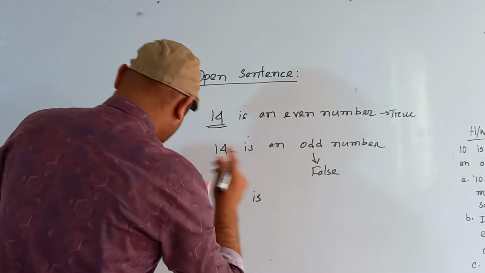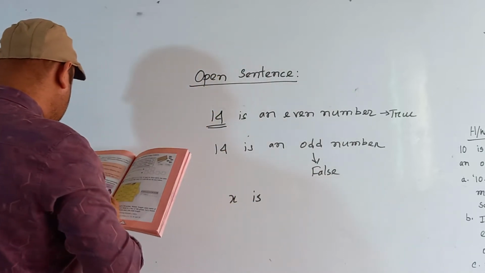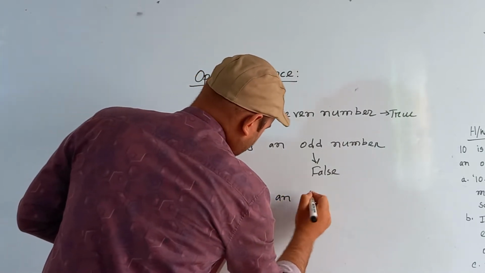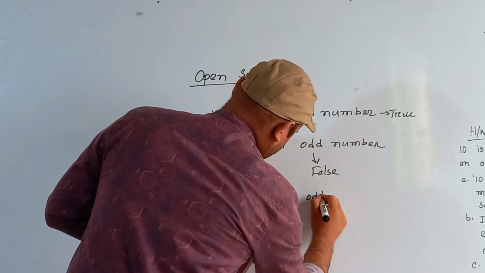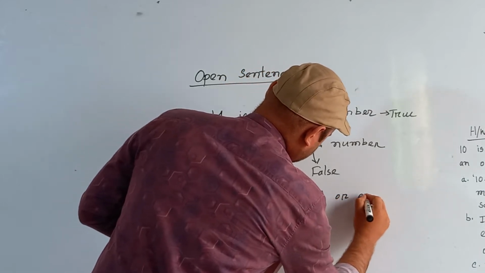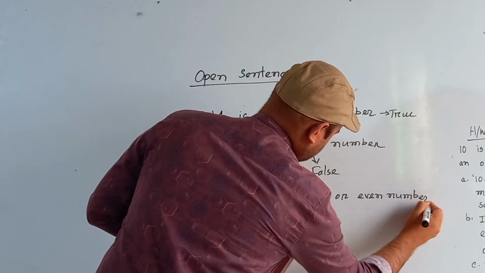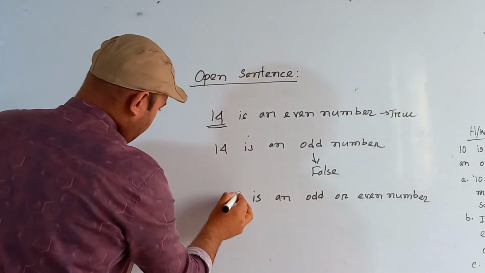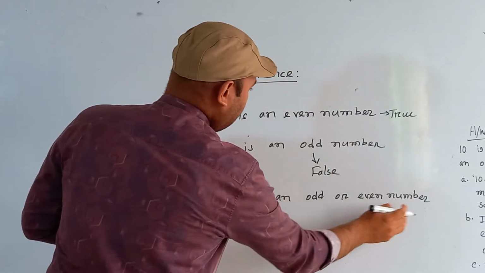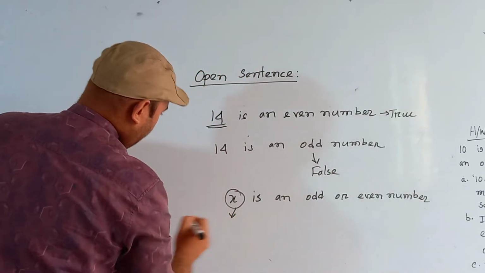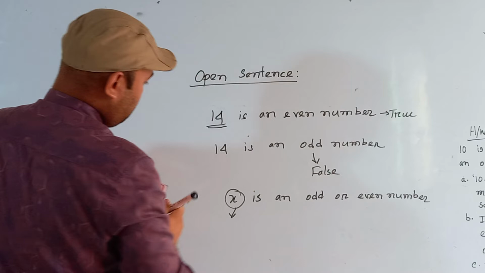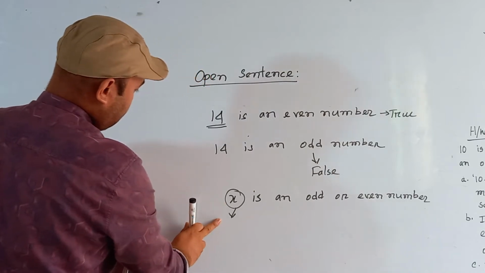x is an odd or even number, look here, the value of x is not known to us.